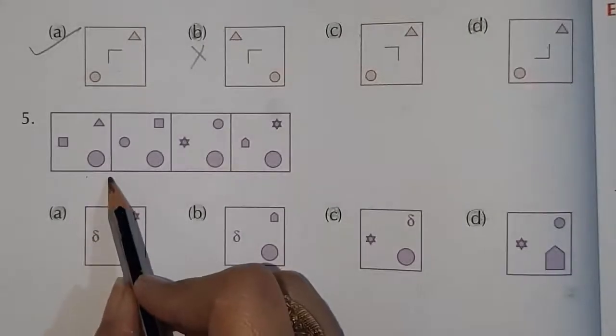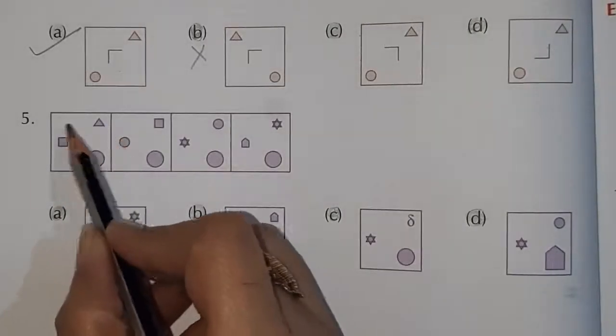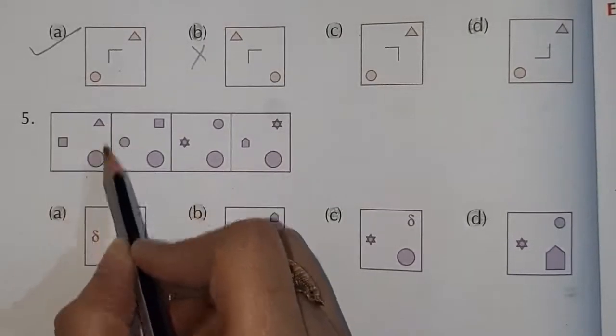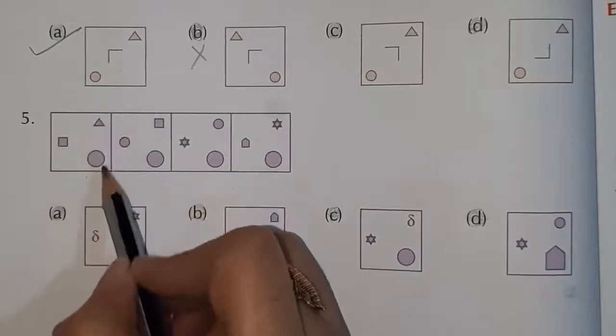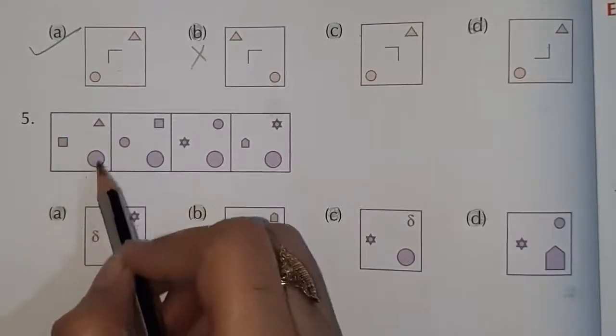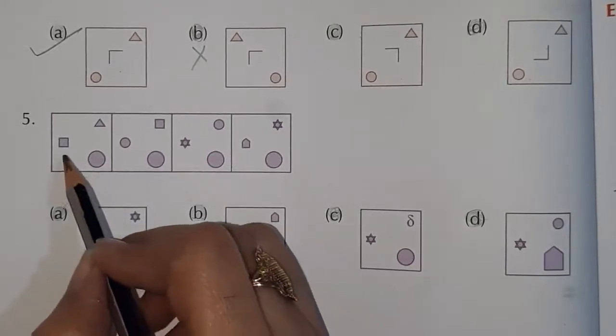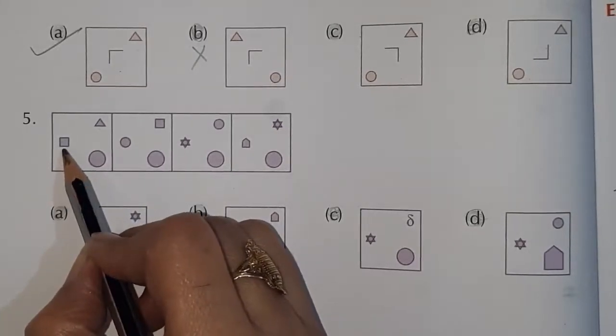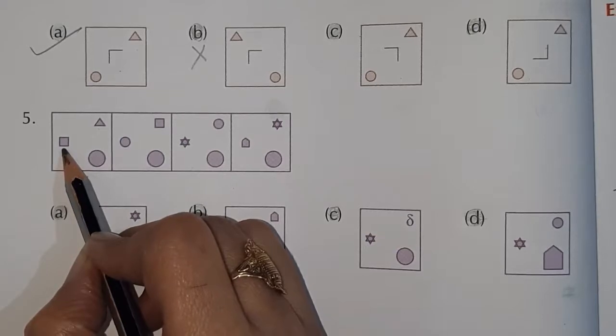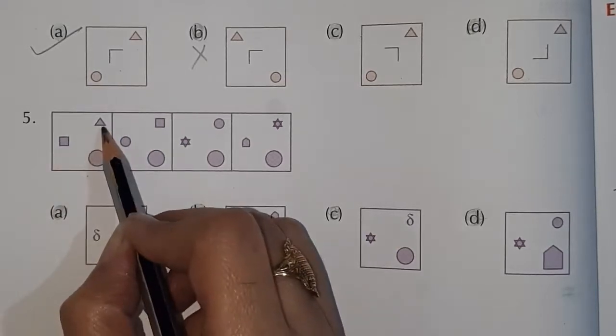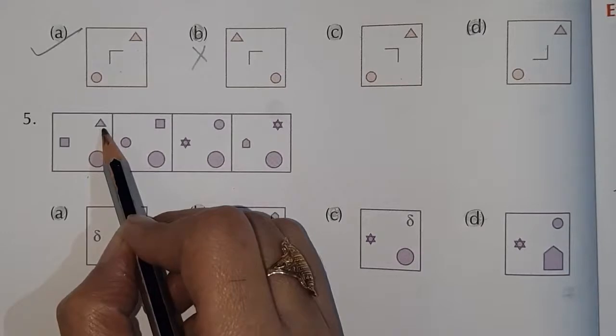Question number 5. In the first square, first block we can say, 3 figures are there. See the relation very carefully. This figure is shifted to the right side upper corner.